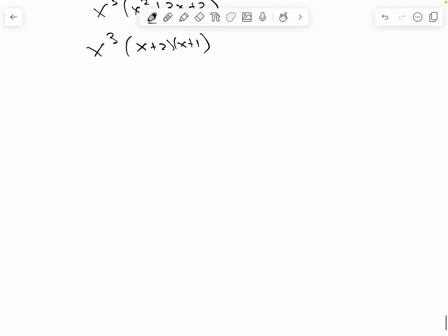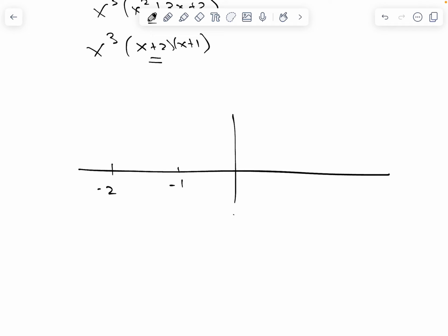Well, our first step is finding our zeros, the values of x that make it 0. So -2 will make a 0. -1 will make a 0. Let me actually push those back further. So -2 will make a 0, -1 will make a 0, and what about that?